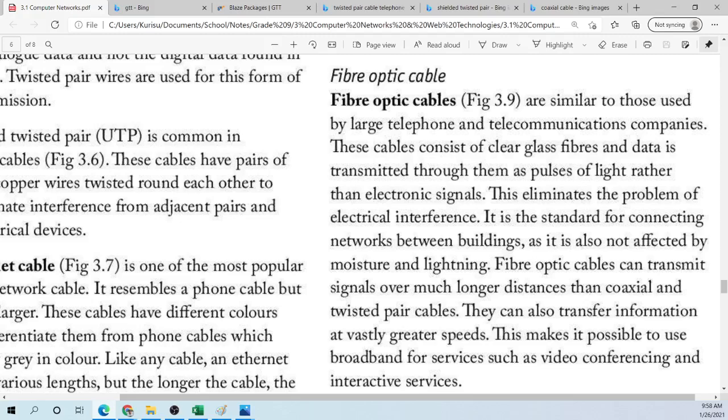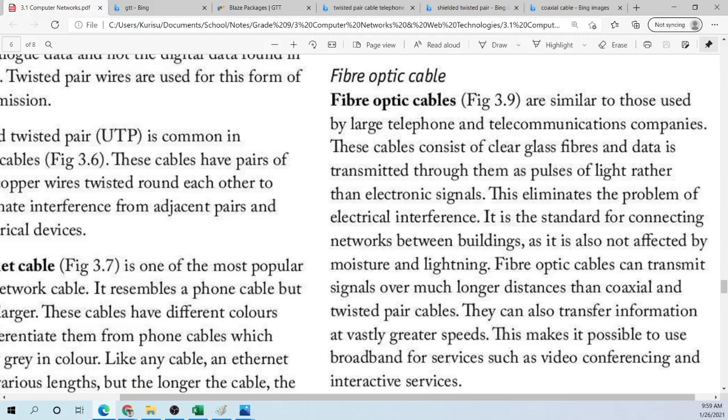Fiber optic cable are similar to those used by large telephone and communication companies. These cables consist of clear glass fibers, and data is transmitted through them as pulses of light rather than electronic signals. This eliminates the problem of electrical interference. It is standard for connecting network between buildings. It is also not affected by moisture and lightning.